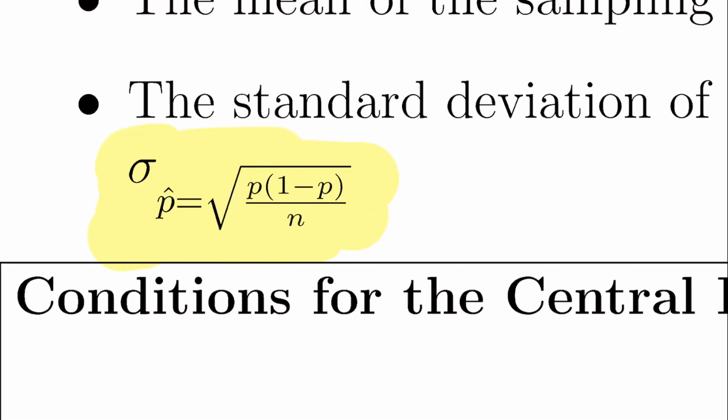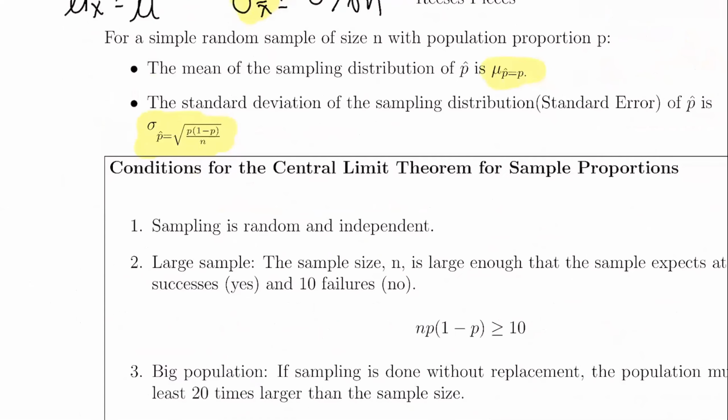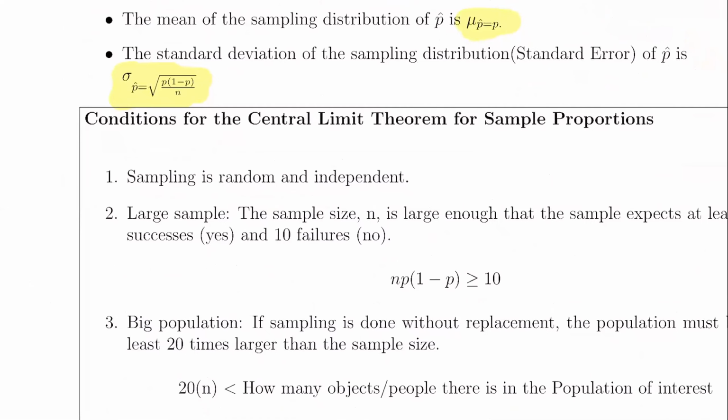All right, so up next, we're going to go into the new condition for the central limit theorem. For the central limit theorem, we're only going to focus on the second condition.